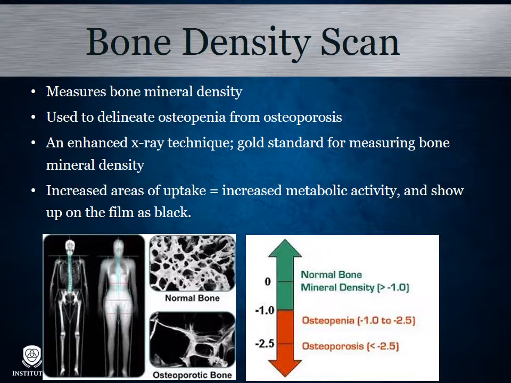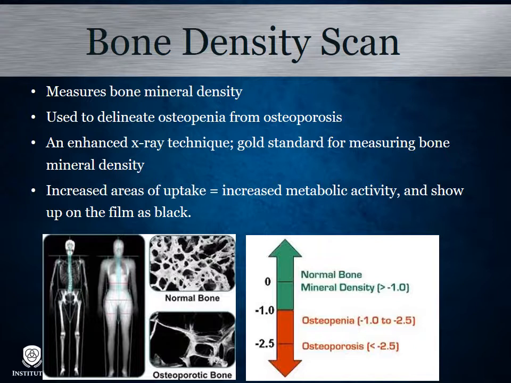It's called dual energy X-ray absorptiometry, DXA, and it literally measures the bone density. It can help you identify osteopenia and how bad it is along the continuum up to osteoporosis. It uses X-ray technology, and this is the gold standard for bone mineral density tests.